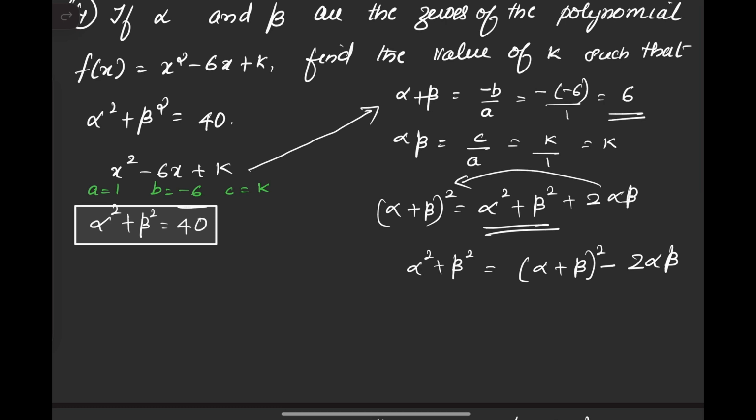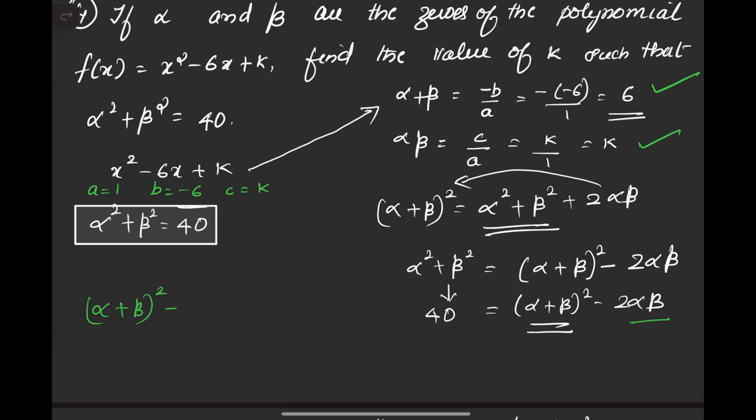And it is given that this is equal to 40, right? So alpha plus beta the whole square minus 2 alpha beta is equal to 40.